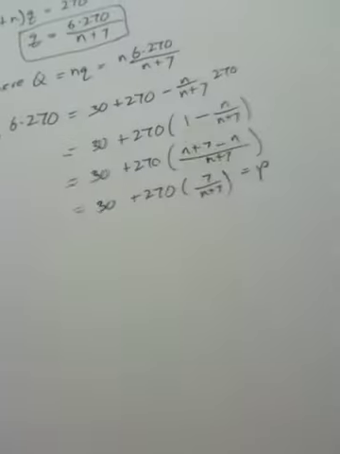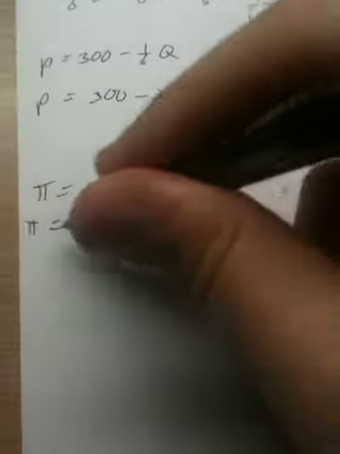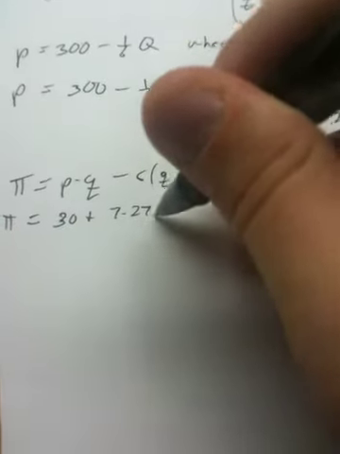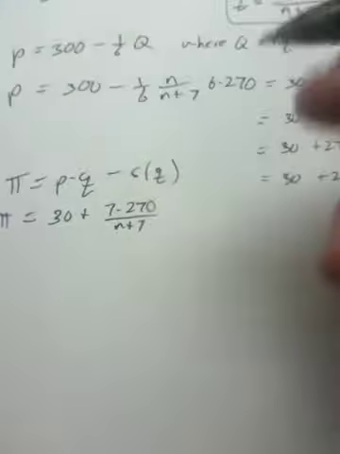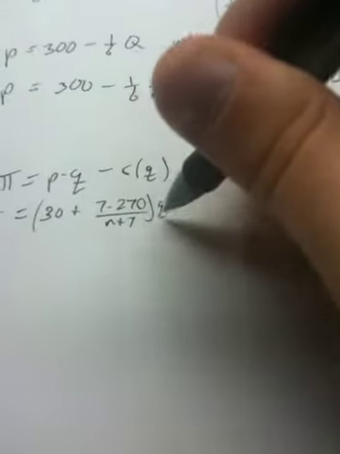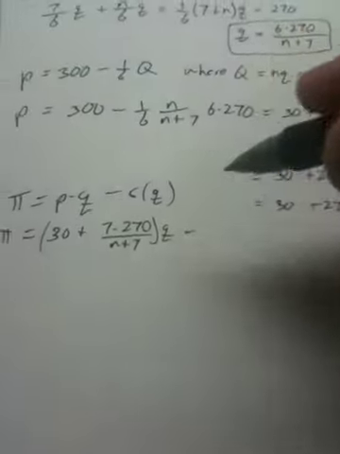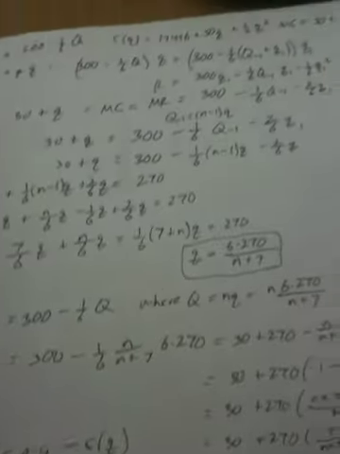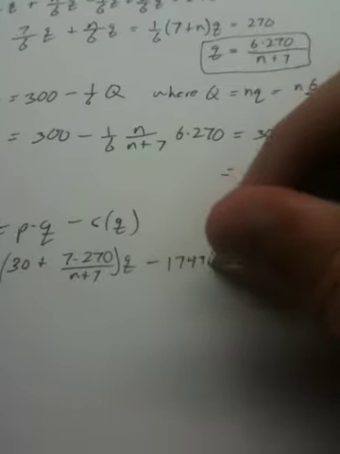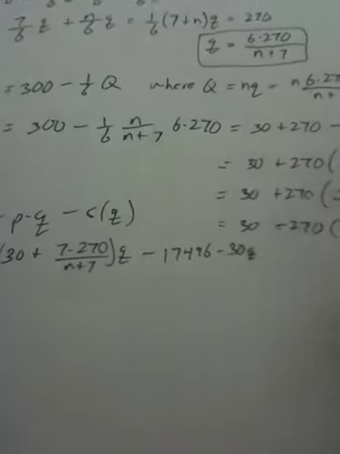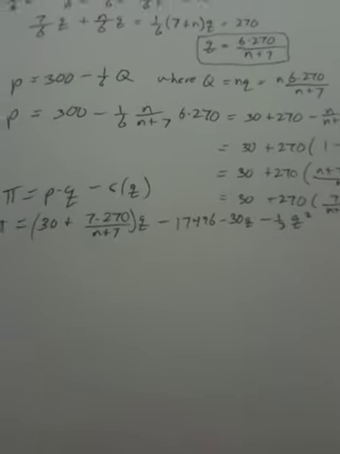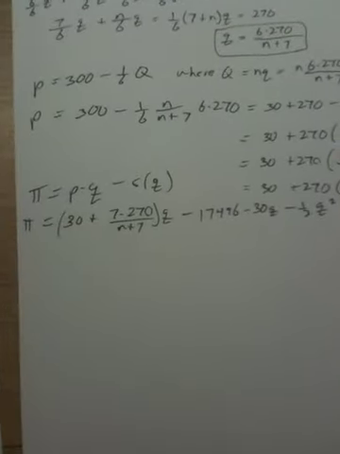So we're going to plug in that price that we just got, which was 30 plus 7 times 270 over n plus 7. And that's the price times quantity minus the cost from earlier up at the very top: take off 17,496, take off 30q, and take off half q squared. I'm making them all negative since costs lose money off profits.